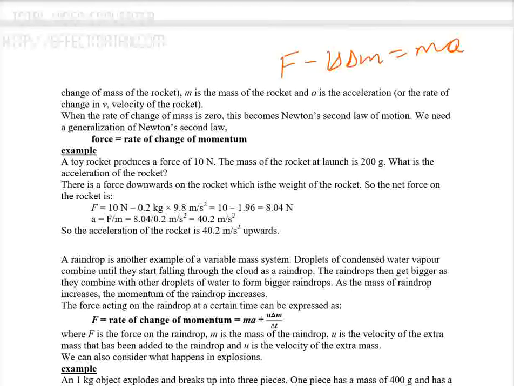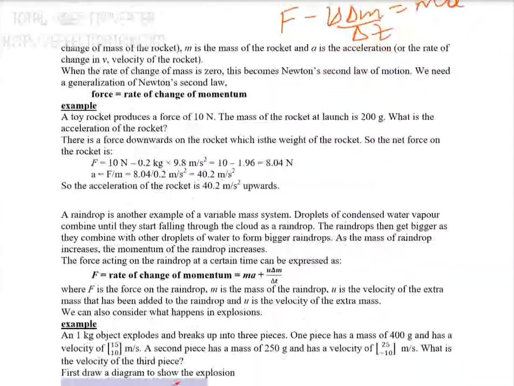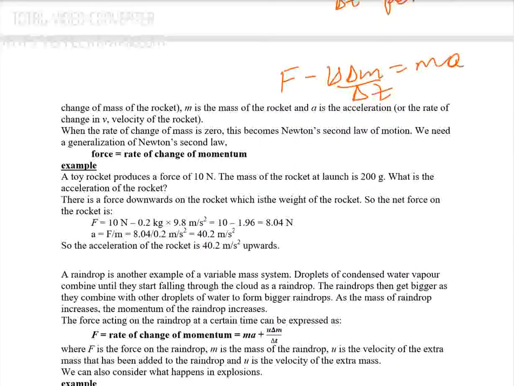Here, in the equation, we have change in time. Here we also have change in time, because change in m over change in time is the reducing mass per second. Therefore, because we make minus in the rain case, it's not a decrease in mass, it is an increase in mass.